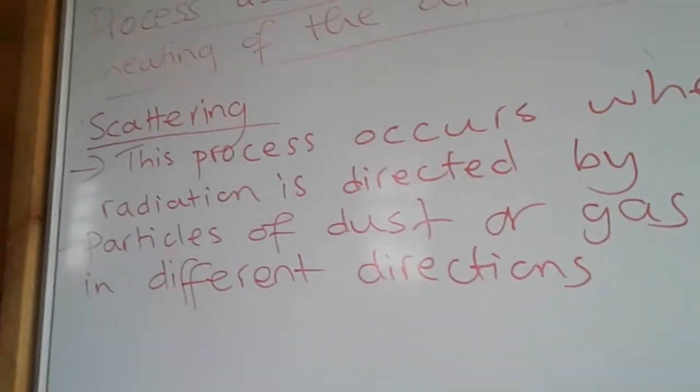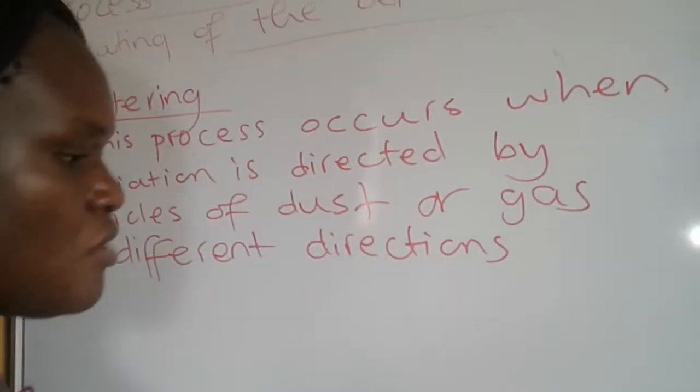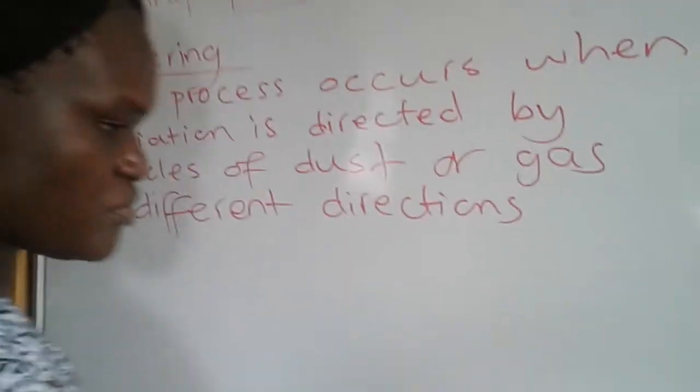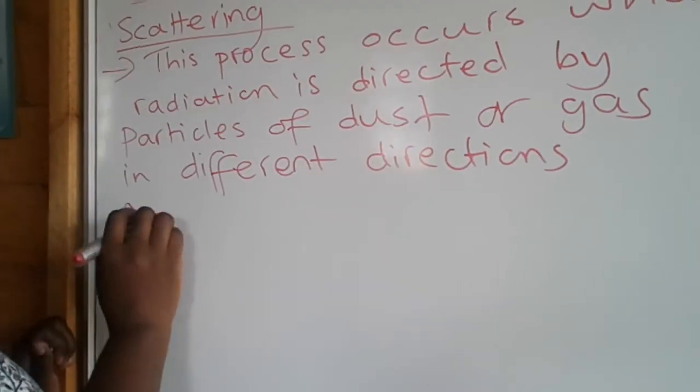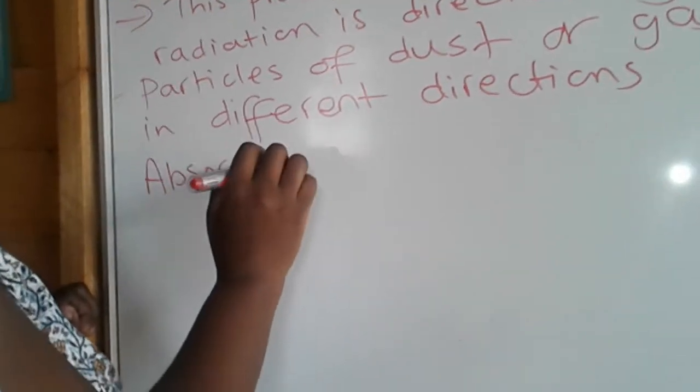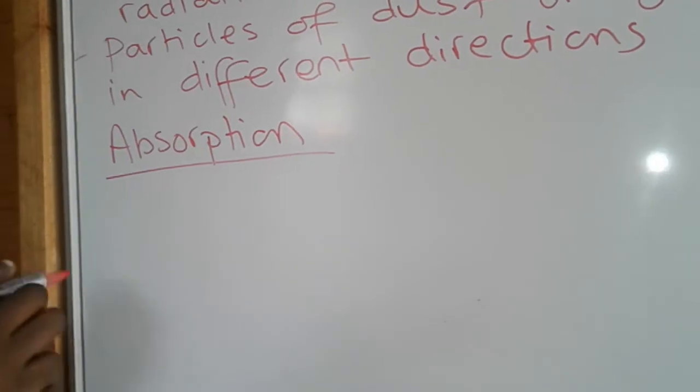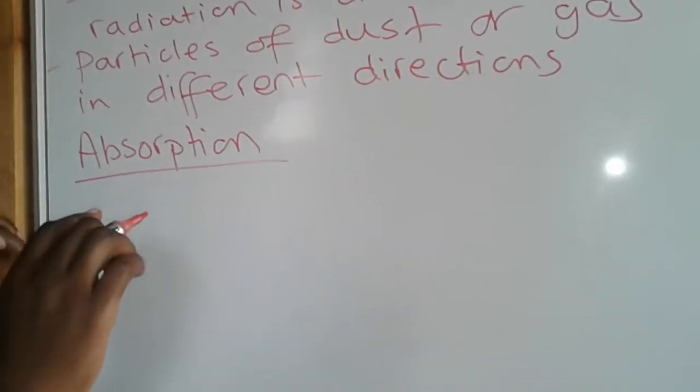When heat is directed in various directions, either by dust particles or by certain gas molecules in the atmosphere, we call it scattering. Then there is absorption. Heat can be absorbed.